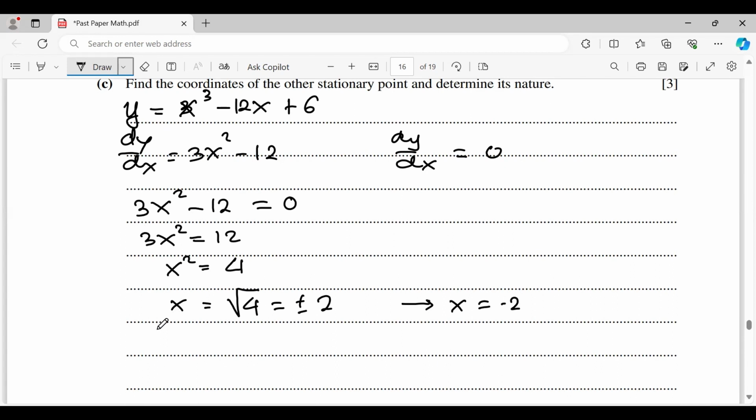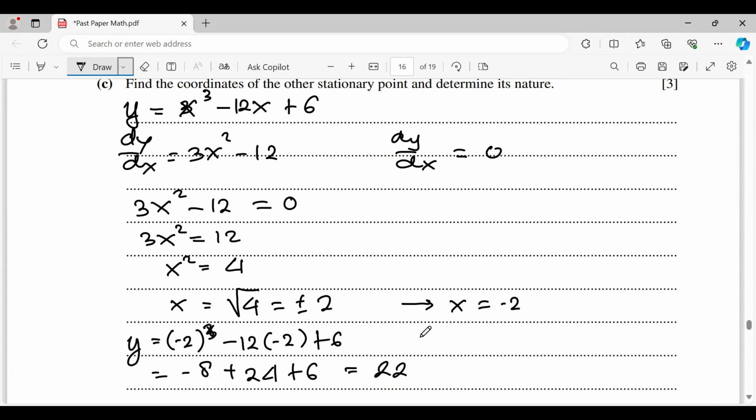So if x is negative 2, y for this function will be minus 2 cubed minus 12 times minus 2 plus 6, which is minus 8 plus 24 plus 6, and it is 22.